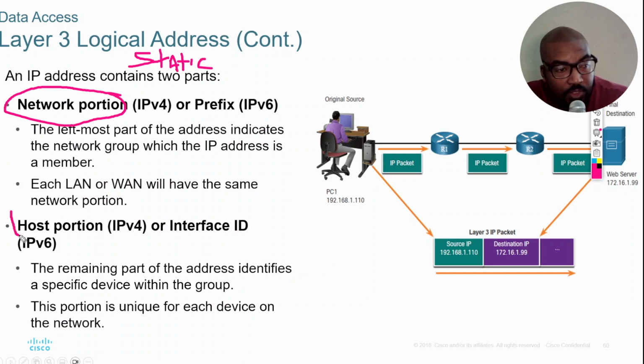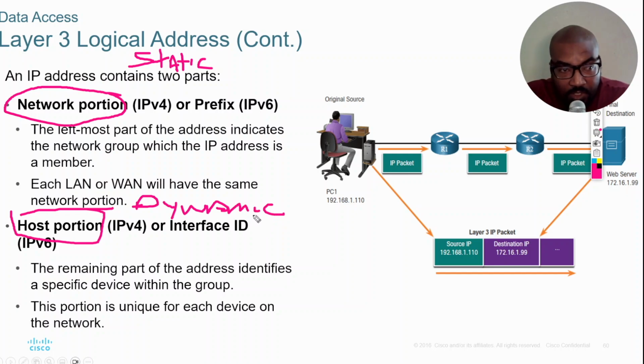And then the host portions are dynamic, which means they can fluctuate. So the network portions are static, which means they don't move. The host portions are dynamic.